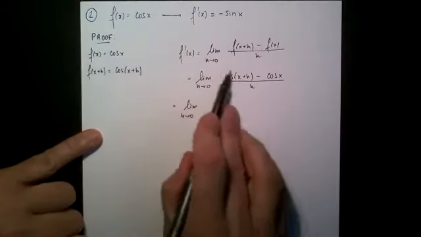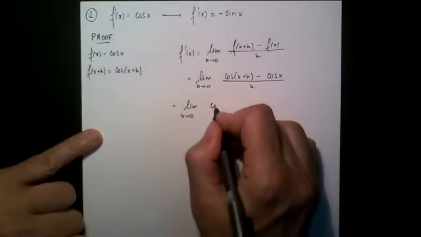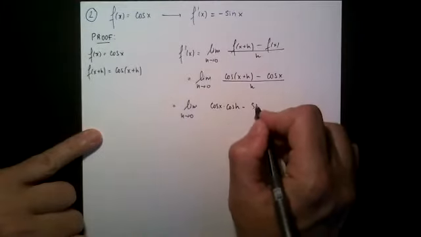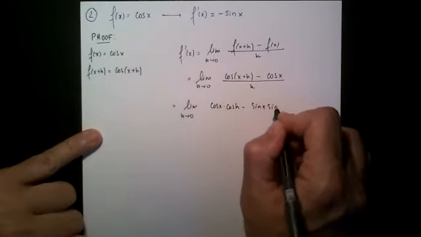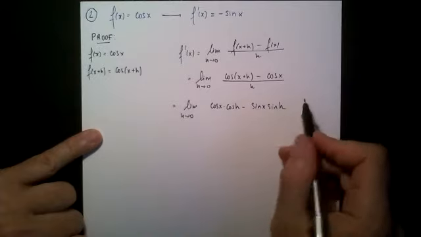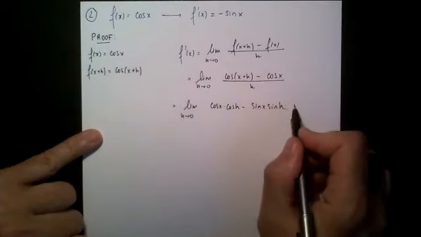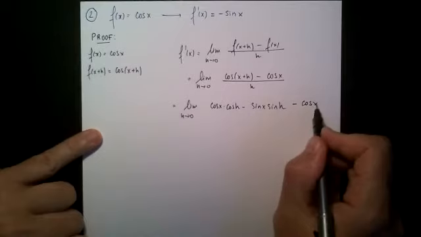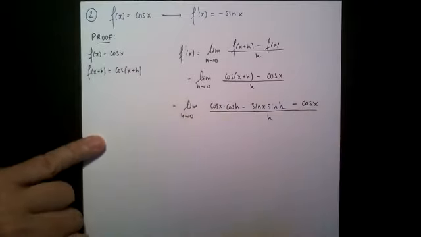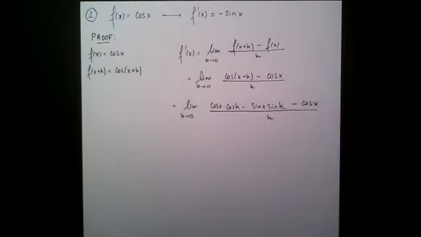And now we're going to use the identity here, which if you remember was cos x cos h minus sine x sine h. I saw some of you forgot this minus cos x here. Don't forget this one over h.